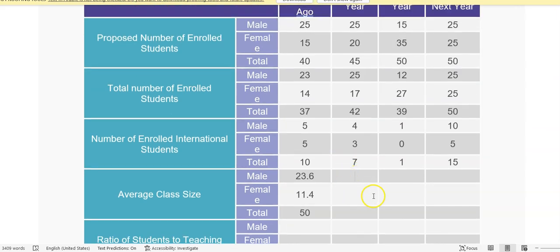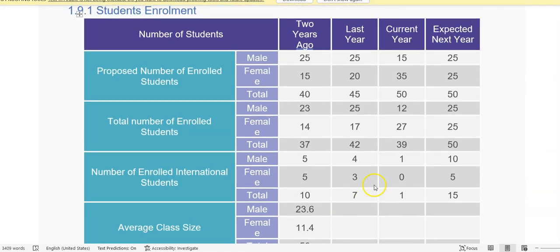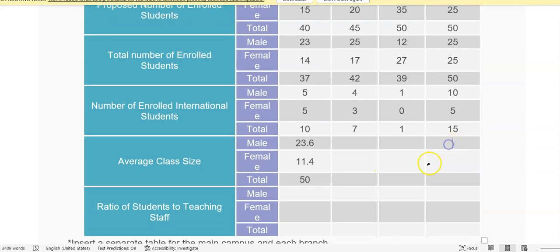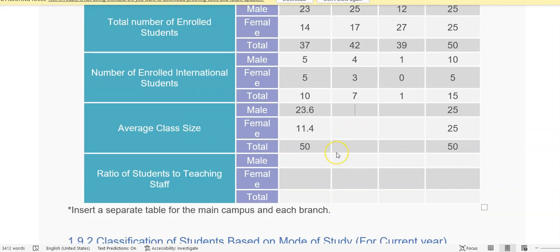You have to write all the actual numbers. For the expected year, you can write 25, 25, and 50. And you can write other numbers here, actually, from the college or admission internship, where you can find this actual information.